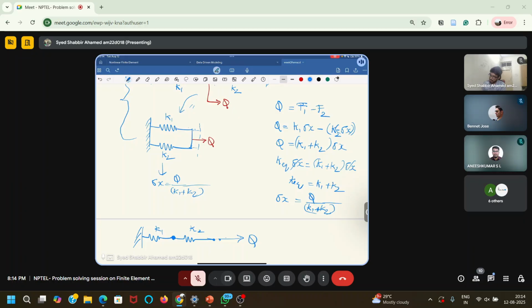If I am applying it here, this will not be equal to this, because here the springs are connected in series, and the deflection which this will undergo will be different, because the two springs will have different stiffnesses, but the total force along the system will be the same. So that is series connection of springs.